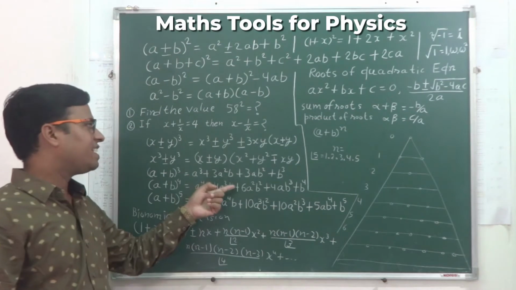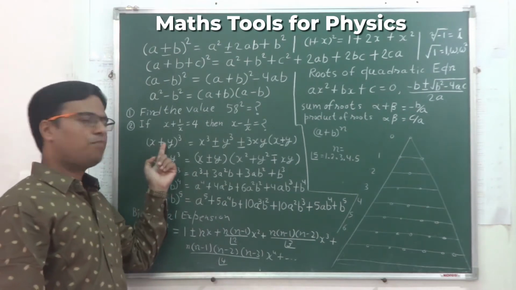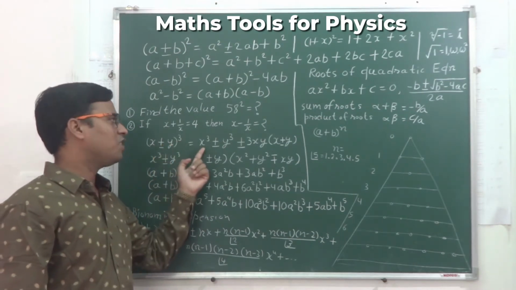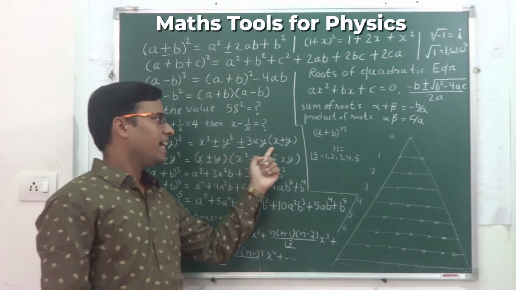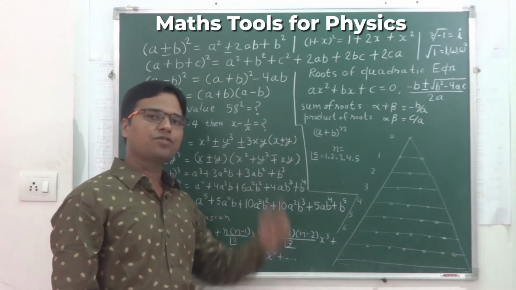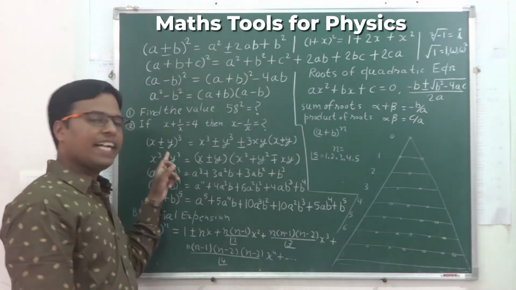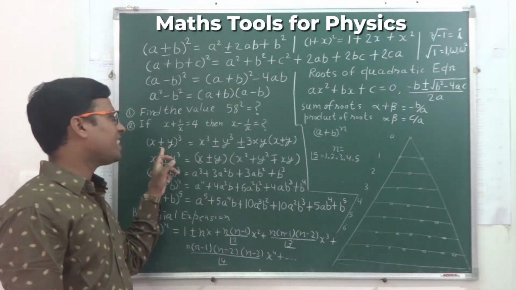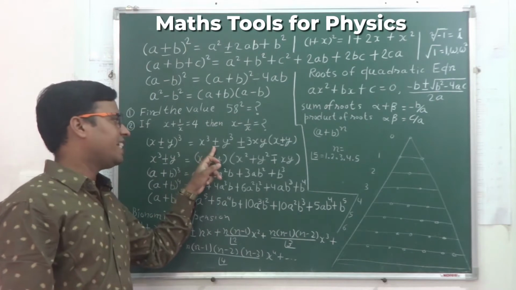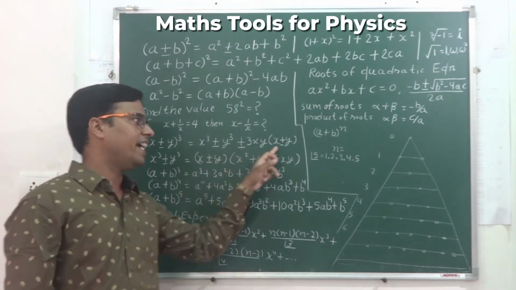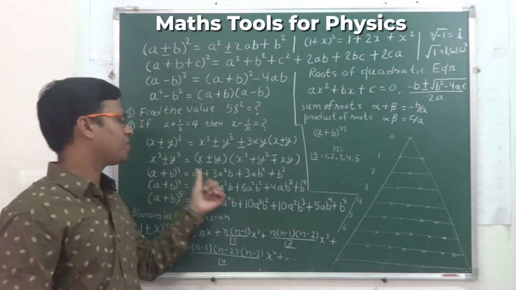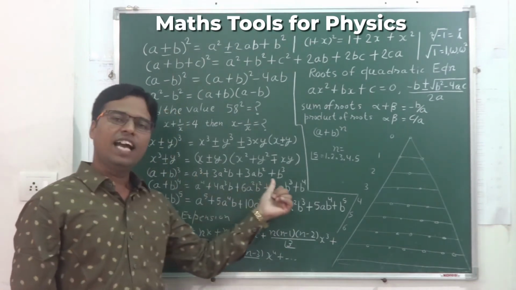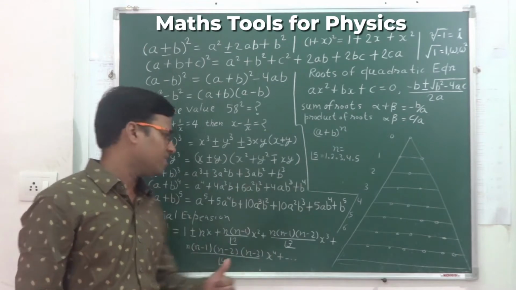Now we can write it as (x + y)^3 = x^3 + y^3 + 3xy(x + y). If you have a negative sign, then we replace it here with a negative sign, here with a negative sign, and here with a negative sign. Then you will get the same expansion as expanded here.